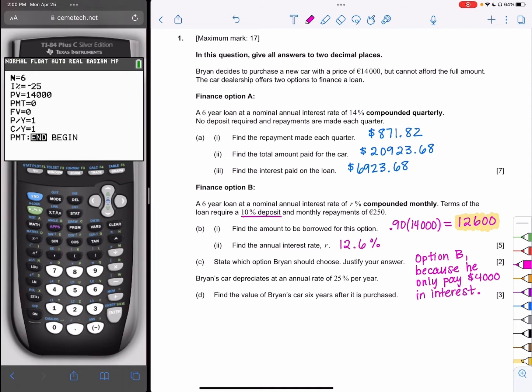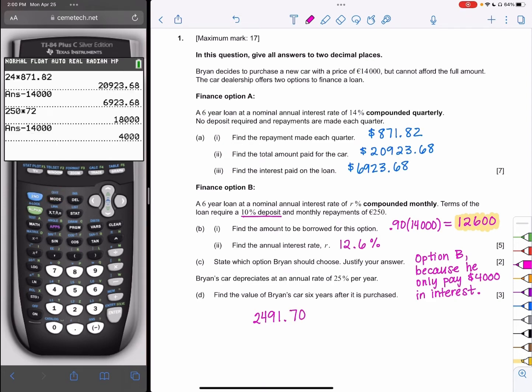So I just want to find my FV for this portion. So I'm going to highlight alpha, enter, and then I will see that the car is going to be worth $2,491.70.